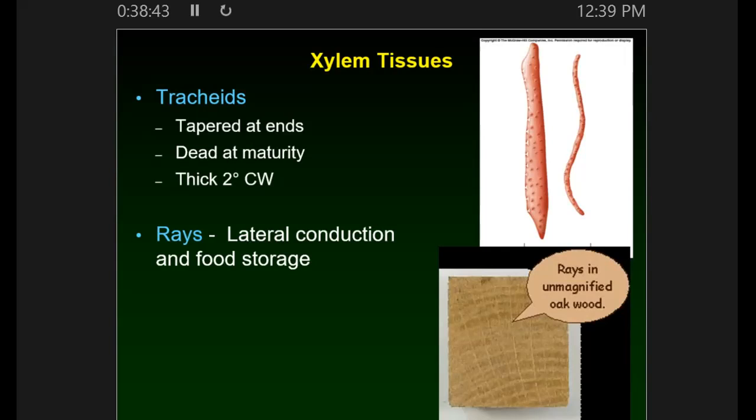Okay, so rays are just kind of helping with that flow across the tree trunk in this case. So they're living cells. They're parenchyma cells lined up next to each other, and they're just helping with transport.